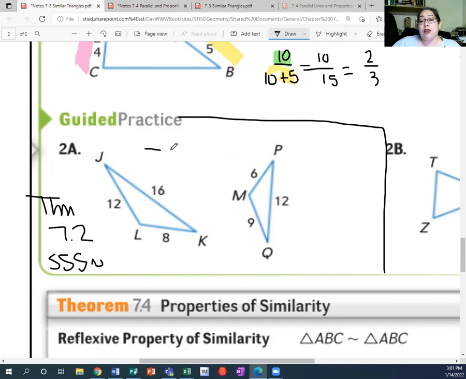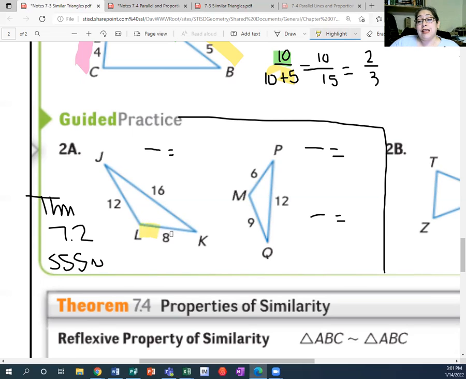That is, when I create a fraction out of the sides, the fraction I get at the very end is equal for all 3 pairs of sides. Now, here's the hard part with this. Without knowing what angle measures there are, how do I know which corner corresponds to which corner? Well, we're going to use the side lengths.